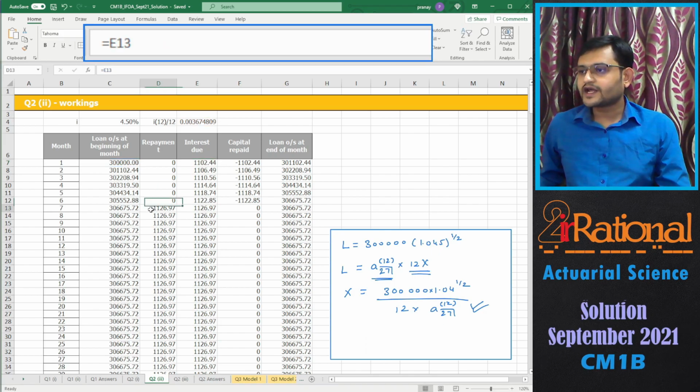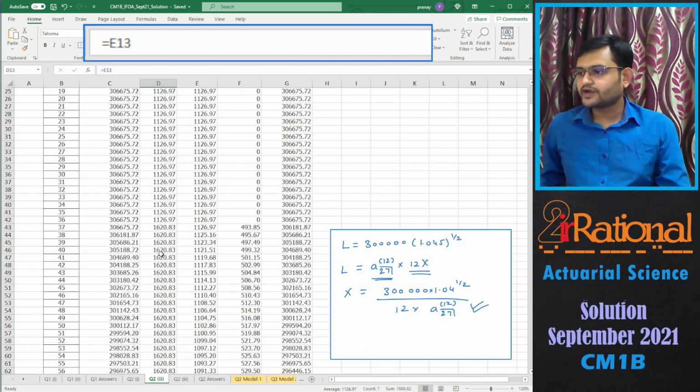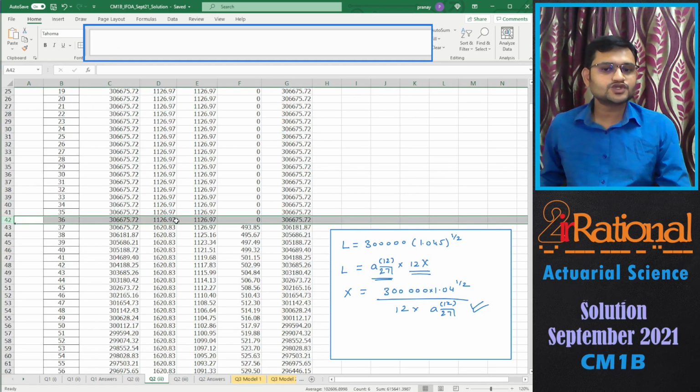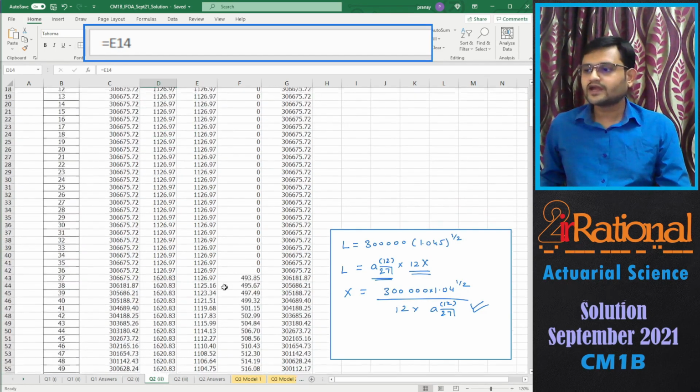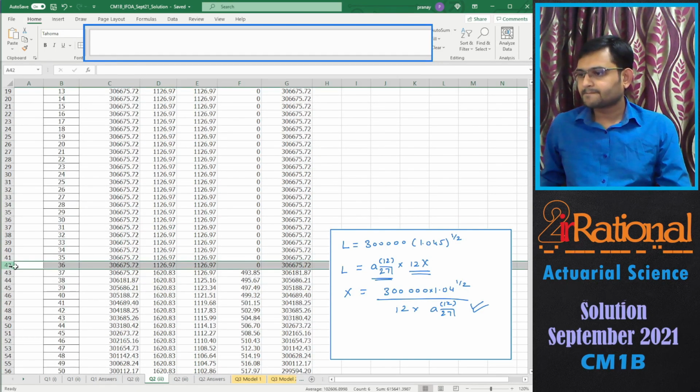Now because our repayment from time 7 to time 36 is going to be the interest only repayment, all I had to do was take this value equal to this value. So that is why I have E13, and for the next one E14, and so on. I just said this is equal to this, and then I dragged it till 36.